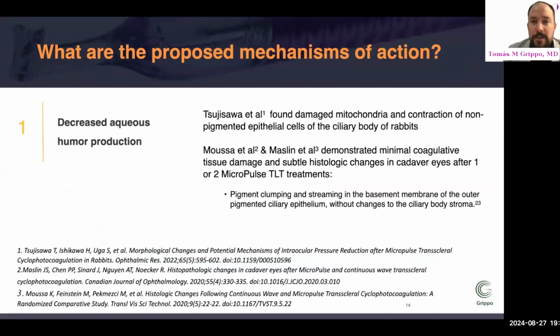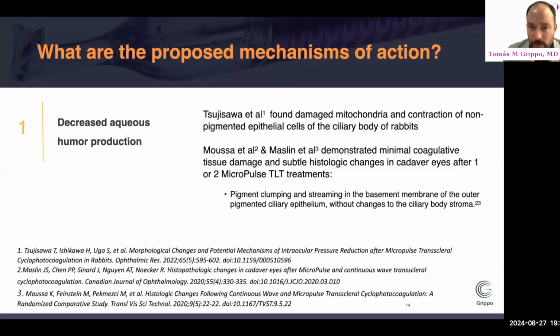Tujisawa studied rabbit eyes that he treated with MicroPulse TLT, and found subtle changes on the mitochondria and the non-pigmented epithelial cells of the ciliary body, right? So there were damaged mitochondria that that group could identify, and there was contraction of the non-pigmented epithelial cells of the ciliary body.